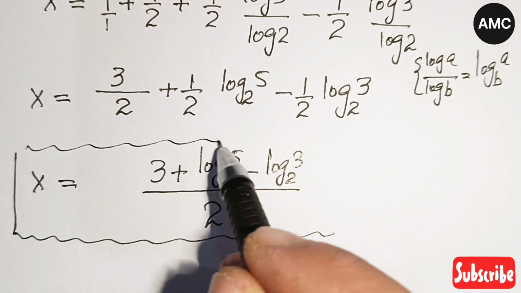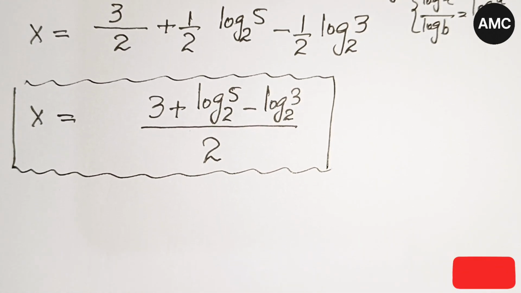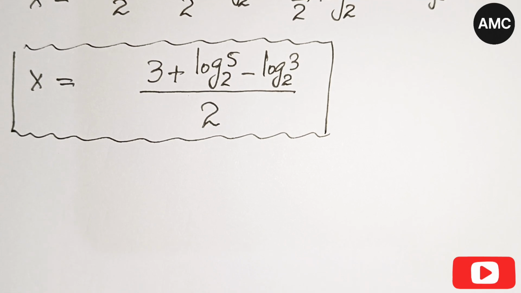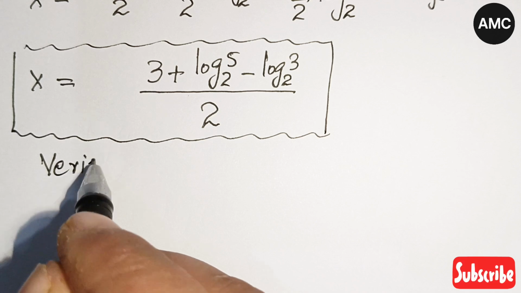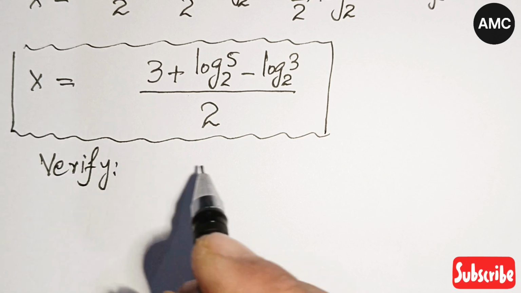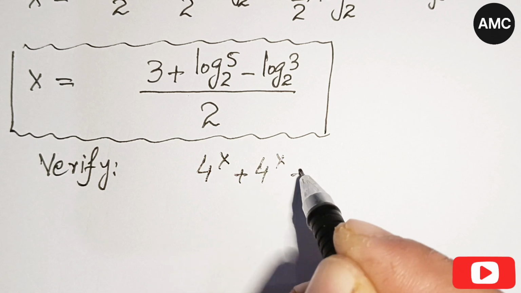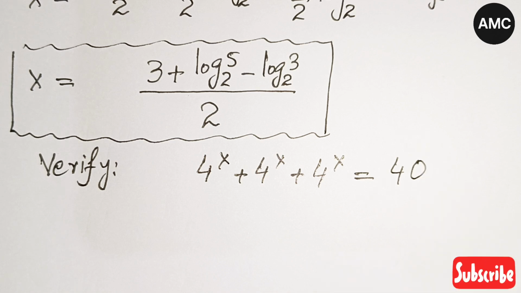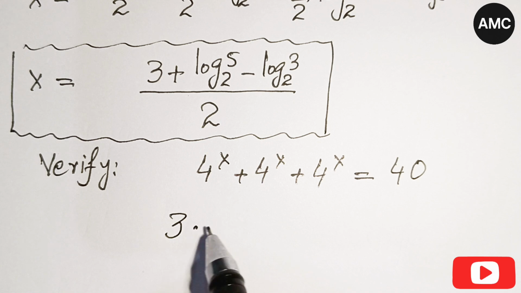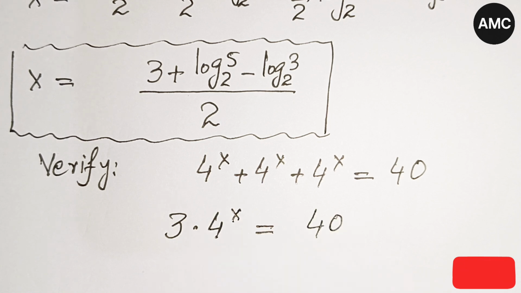Now we have to verify whether this value of x is valid for our problem or not. For this purpose we recall our problem: 4 to the power x plus 4 to the power x plus 4 to the power x is equal to 40. By simplification we write that 3 times 4 to the power x is equal to 40.